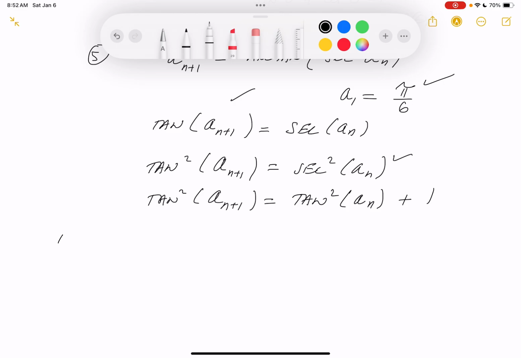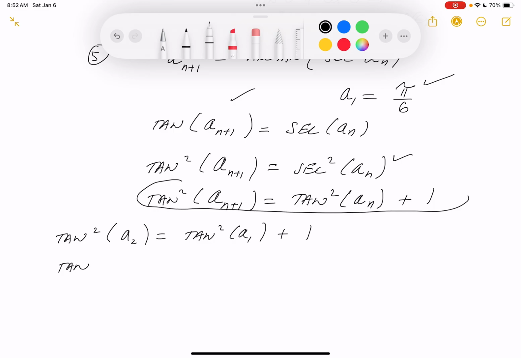Tangent squared of A2 would equal tangent squared A1 plus 1. We're using this to generate a sequence.